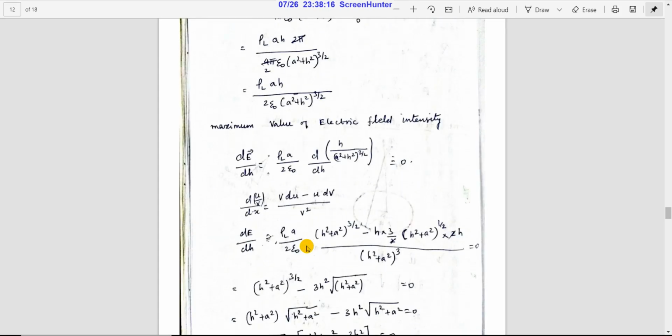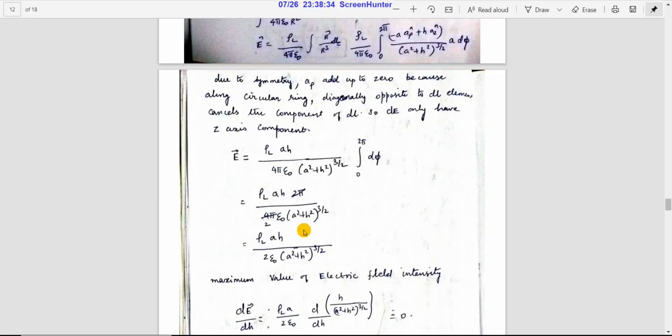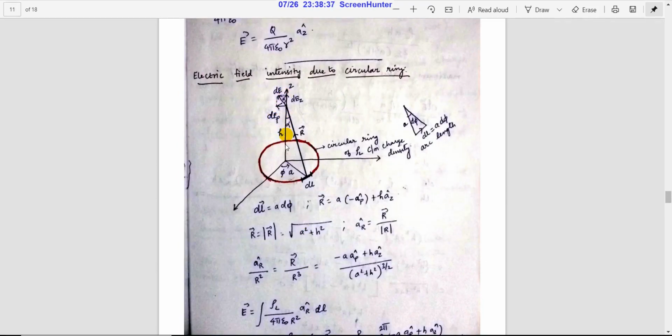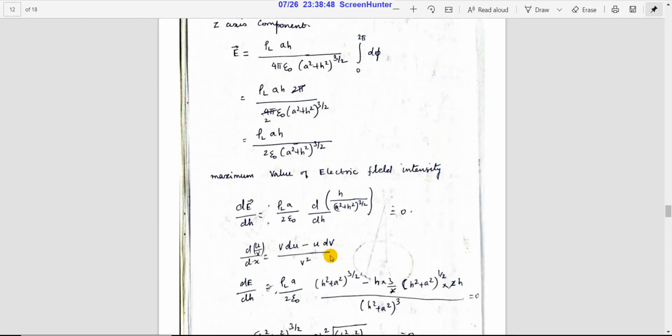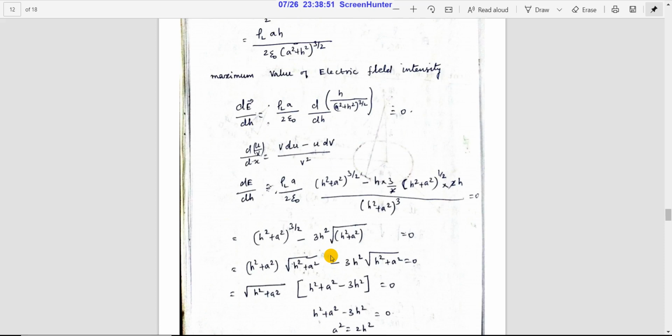Also, if you want to find out the maximum value of the electric field intensity, we need to find out the maxima. How to find out the maxima? By differentiating this E vector with respect to H, because the electric field intensity due to this circular ring varies with H, and this H value is the main parameter for the maximum value of the electric field intensity.